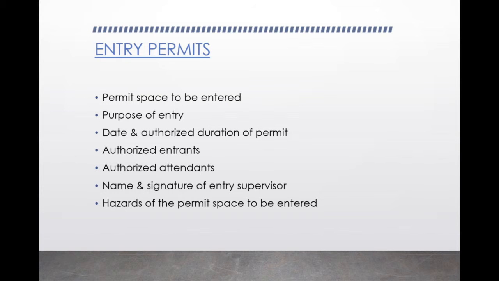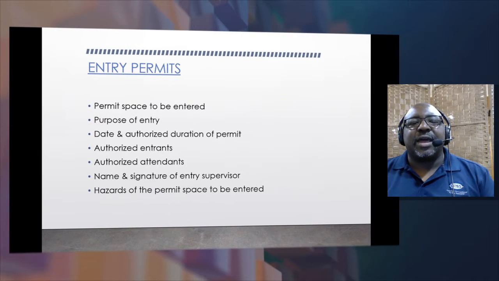So the entry permits will have the permit space that's going to be entered, the purpose of the entry, and the space should be actual dimensions. So you lay out the actual dimensions of, this is the space, it's this circumference, or it's this length, width, depth, and if there's any kind of history of the space, that's where you're going to have it on your permit.